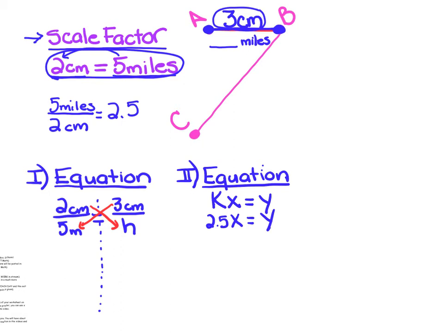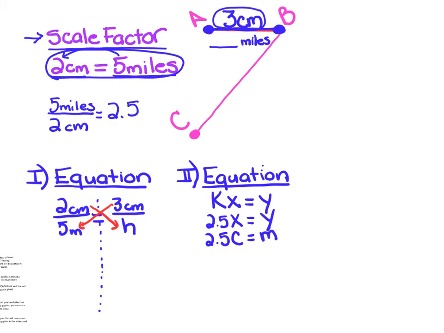You can even substitute different variables into this equation. You could write 2.5 times C, the centimeter measurement, equals M, the miles measurement. That's the second technique you can use.